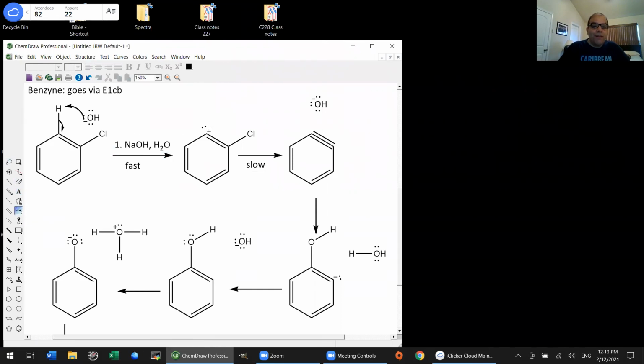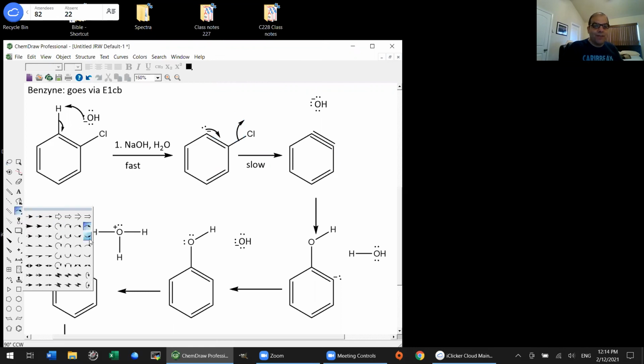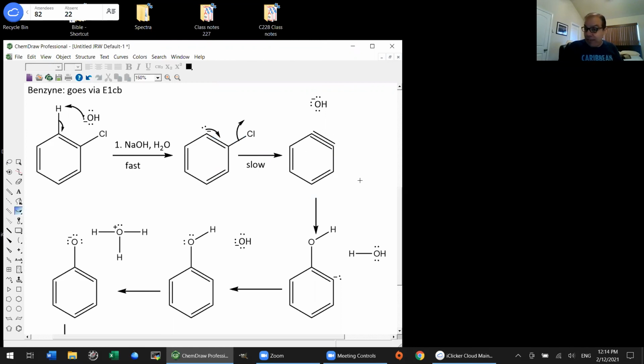The slow step in comparison is going to be the next one, when this carbanion collapses, forms another pi bond, and in doing so kicks out the leaving group. So you do form this benzyne intermediate. Strange but true. This has all been experimentally determined. They've detected the carbanion intermediate and they've detected the benzyne intermediate.